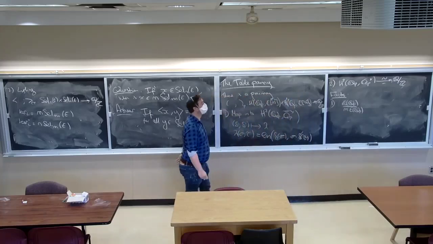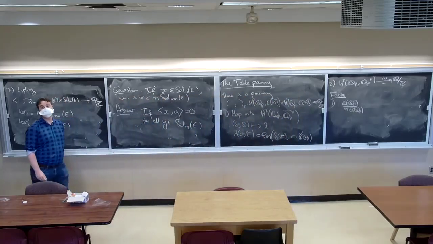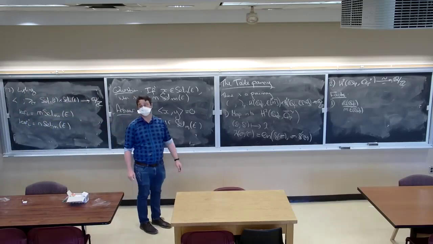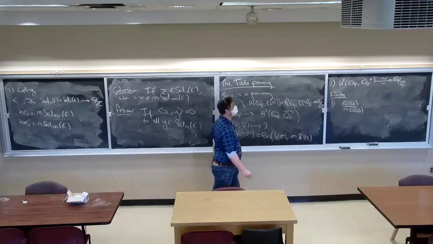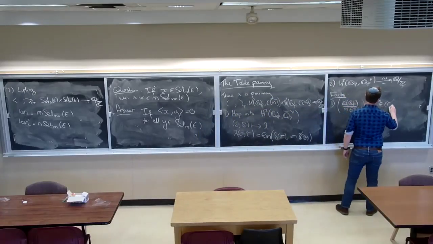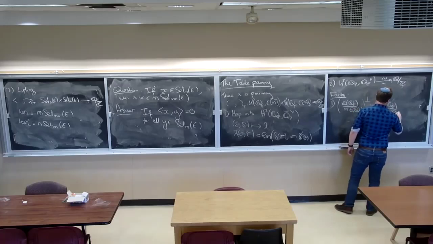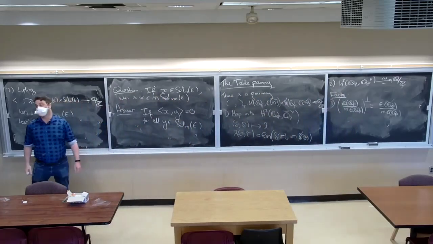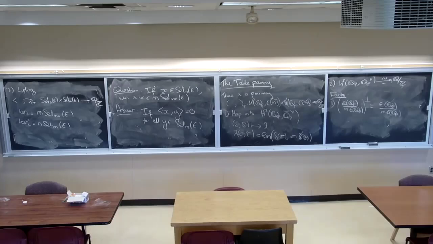I can ask, what is the orthogonal complement of this thing? What are the things on the right-hand side that pair with this to 0 on the left? The answer to that is itself. So the image of the Kummer map is going to be orthogonal to itself under this Tate pairing.